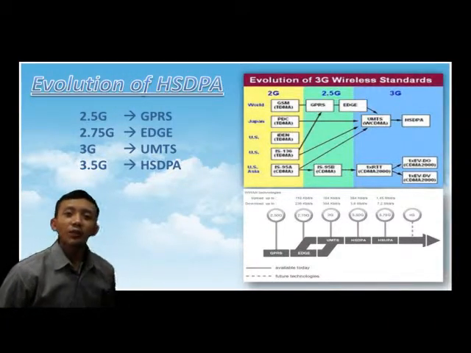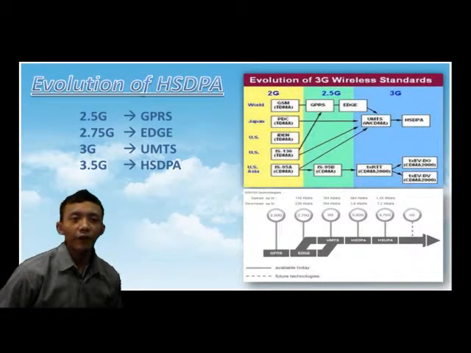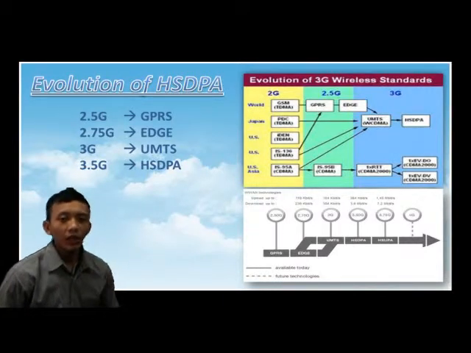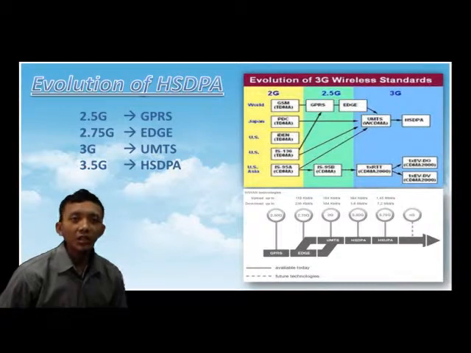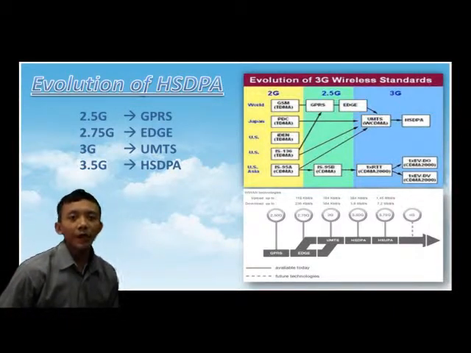And UMTS uses a separate frequency band, so it is free from interference with the GSM system. And the last is technology 3.5G or HSDPA, high-speed downlink packet access.